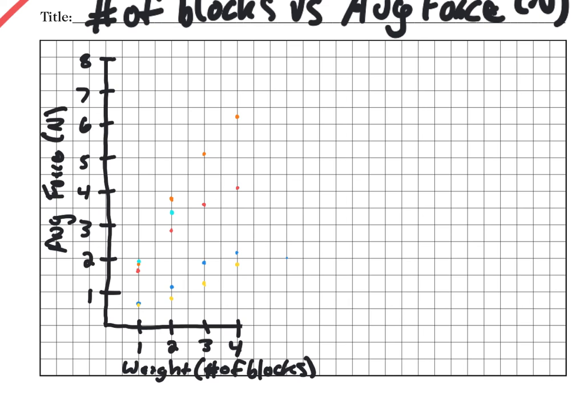For the 3rd block, we have 4.75, about right there. And finally, 6.88 for the 4th block. So all the way up here near the top. This will be the tallest point on our graph.